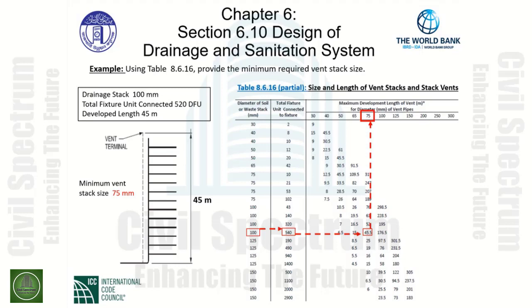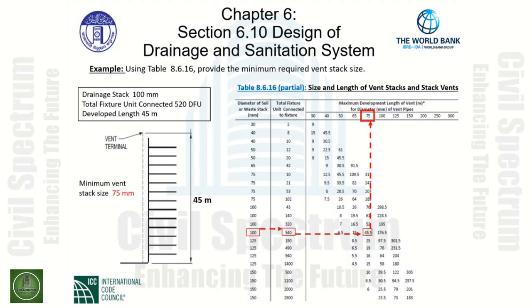According to our table, moving horizontally, we have a maximum developed length for this at 45.5 meters. I then rise above and can adequately size my vent at 75 millimeters.